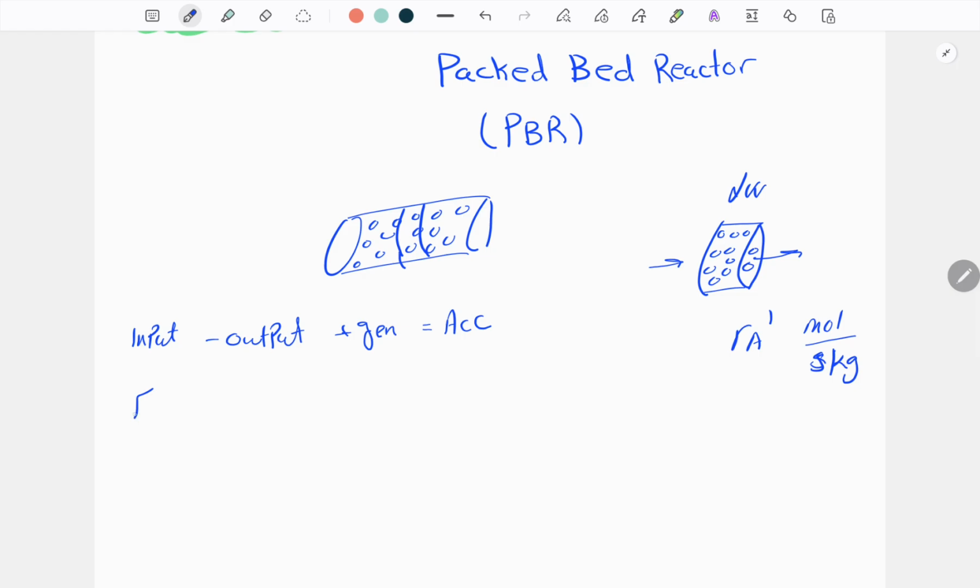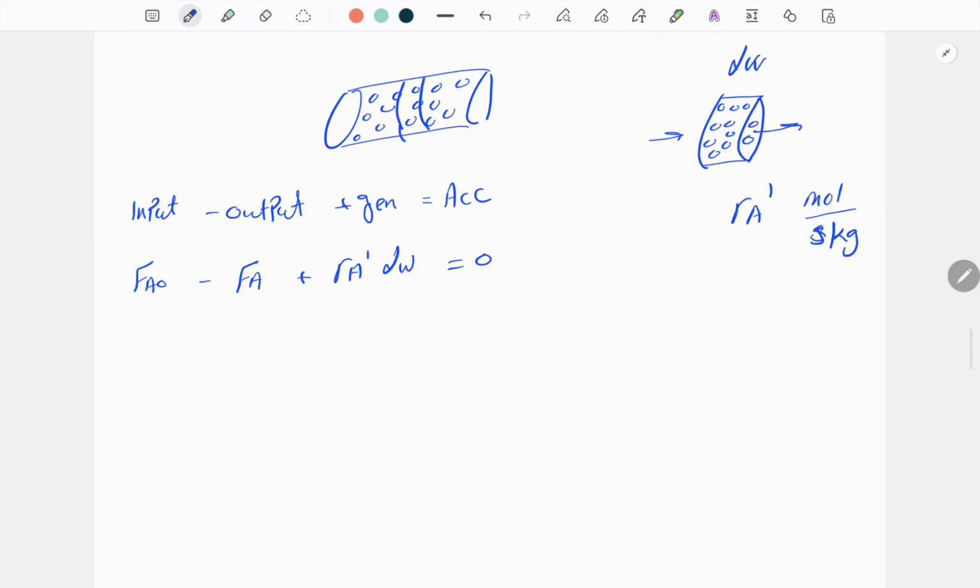Our input is the mole flow rate flowing in minus the moles leaving plus rate of reaction prime, because it's in terms of mass, times dW instead of dV, because we're solving for W, which is the amount of the mass of packing inside the reactor. And the accumulation is 0 because it's also assumed to be in steady state.